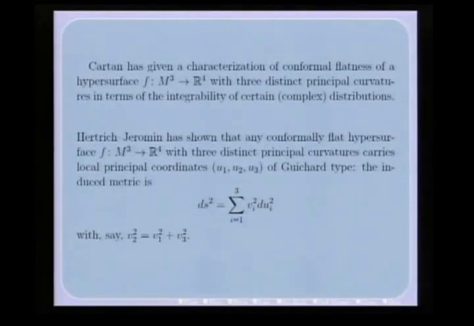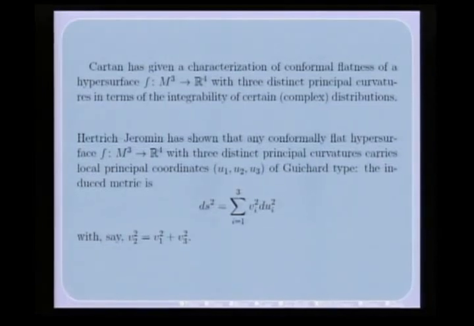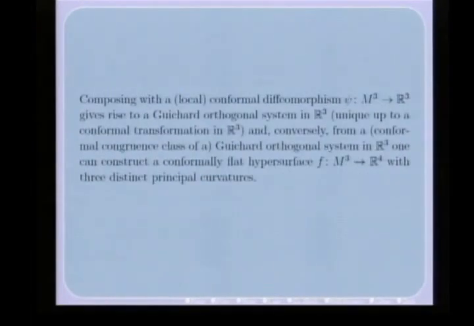And what he did in a series of papers that followed his result was to try to classify orthogonal coordinate systems in R3, satisfying some additional conditions, and then to understand which conformally flat hypersurfaces are associated to them.